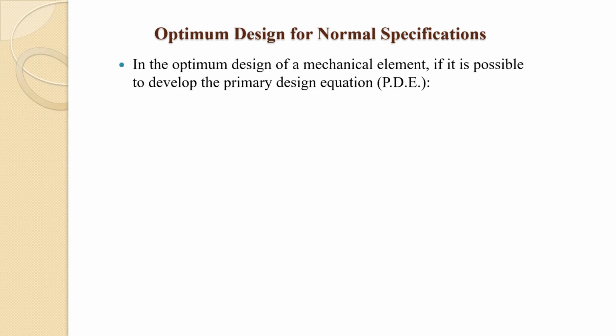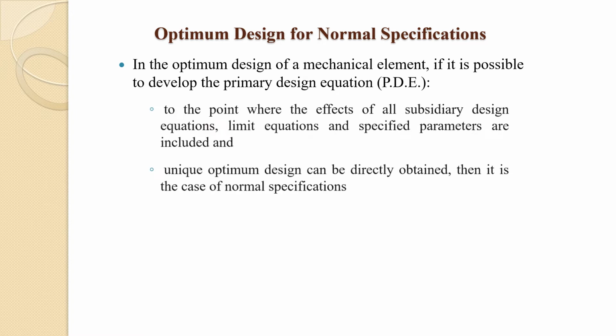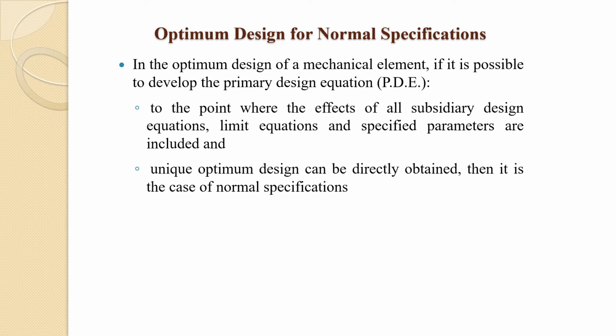Now, first we will see optimum design for normal specifications. In the optimum design of a mechanical element, if it is possible to develop the primary design equation to the point where the effect of all subsidiary design equations, limit equations, and specified parameters are included, and a unique optimum design can be directly obtained, then it is the case of normal specification.